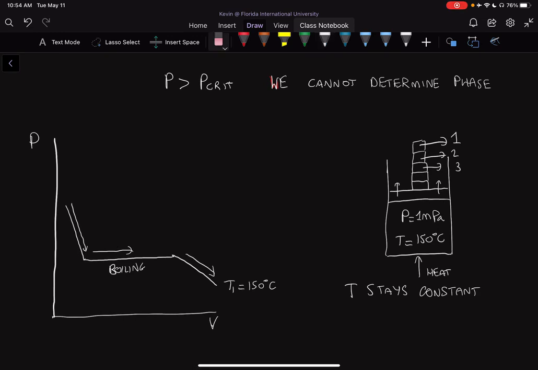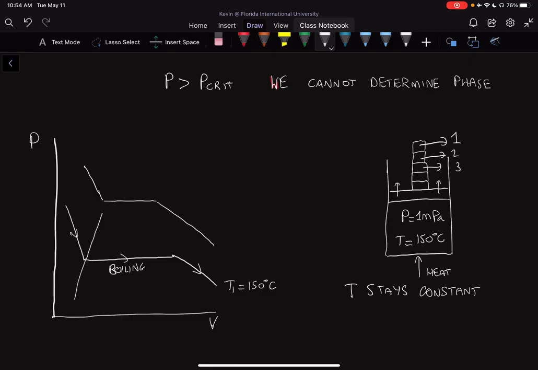And if I just erase these arrows for illustration purposes, let me just put little arrows here so that we can see the direction. And in the same way as before, if we start doing the experiment at different temperatures, we could have another line that looks something like this.